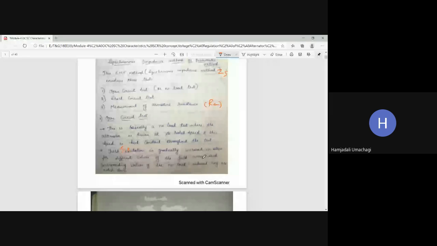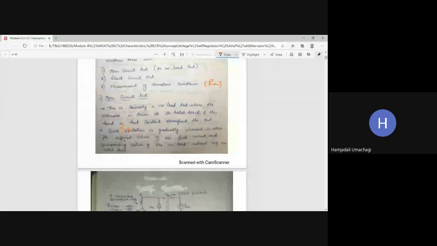For the corresponding IF, which value is going to change in the open circuit test, current or voltage? Voltage is changing, right? And the corresponding values of the no load induced EMF are noted down. So you note down the corresponding voltage values for different values of field excitation.